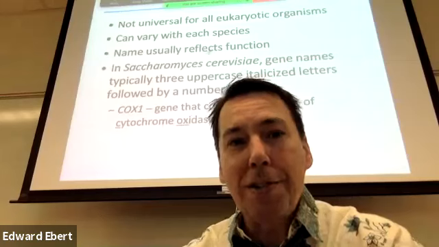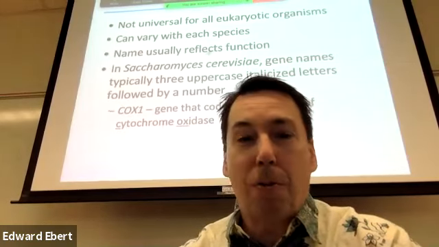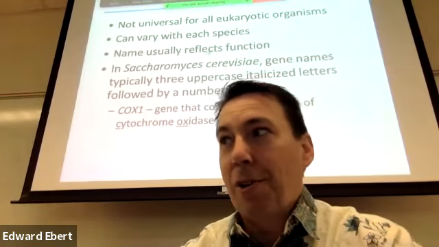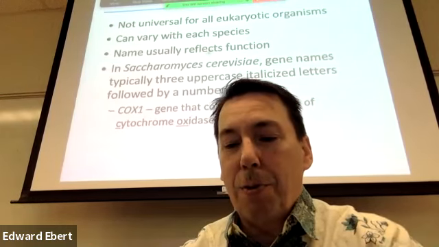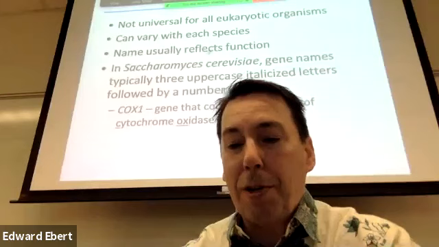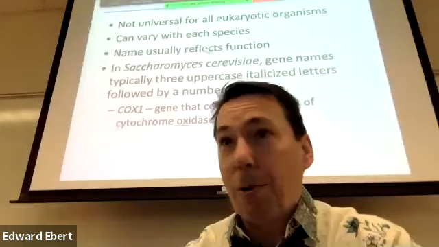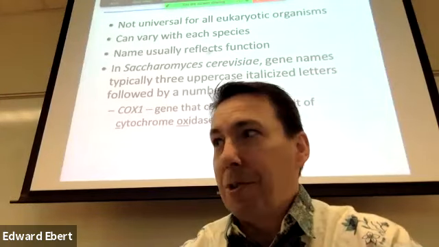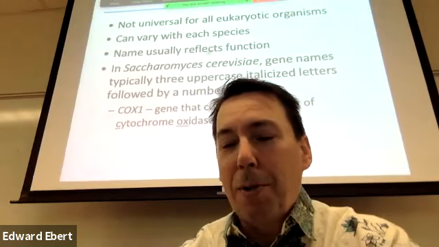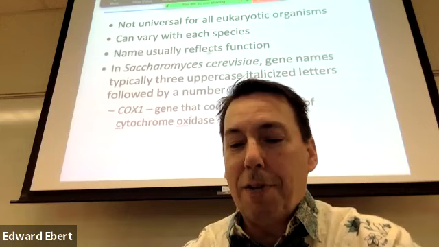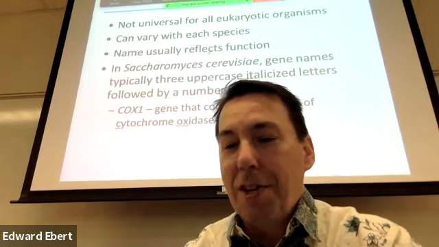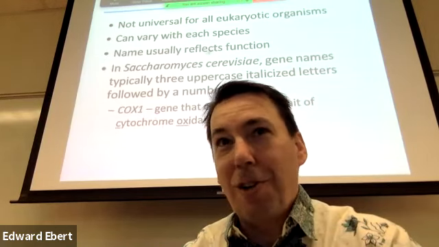For eukaryotes, we don't have a universal system of naming them. So it can vary between species. I always laugh about the Drosophila people. I worked in a fly lab one time as an undergrad for a semester, and they're just like a different type of people. But that's where the gene Sonic Hedgehog comes from. The fly guys have their own nomenclature, and it's just kind of all over the place.